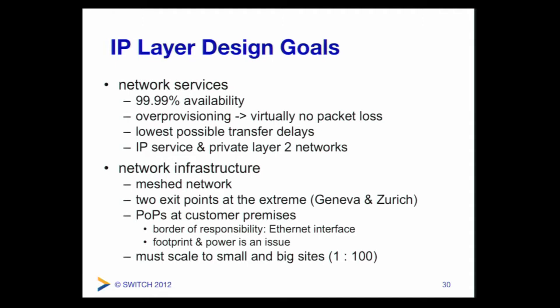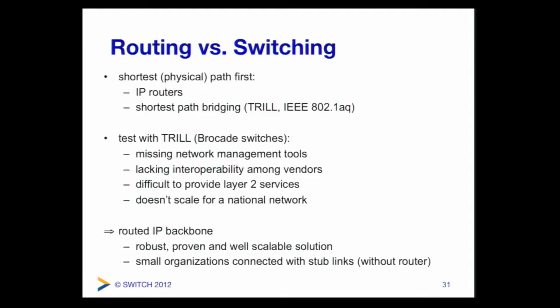Our solution must scale to small and big sites, with a factor of 1 to 100 in the number of students maybe. There was a longer debate within our group about routing versus switching. When you want to use shortest physical paths, you can either use IP routers, or shortest path bridging, which has been discussed recently, like Trill or IEEE 802.1AQ. We tested with Trill boxes, buying 3 Brocade switches that support Trill.